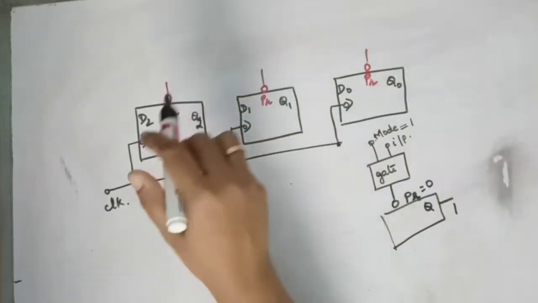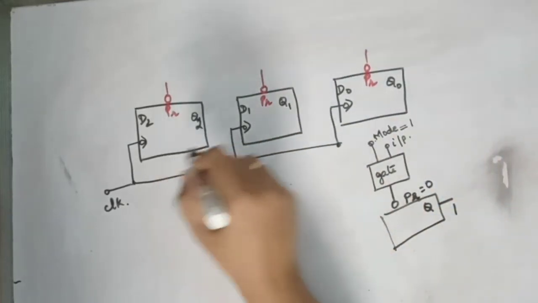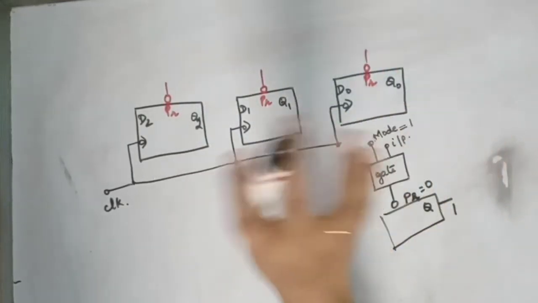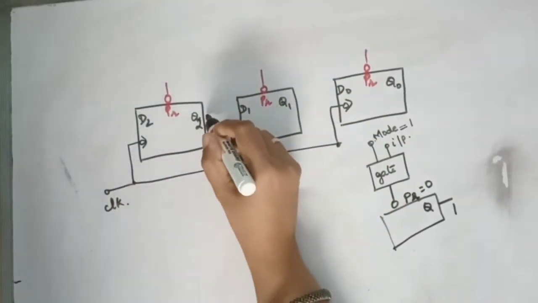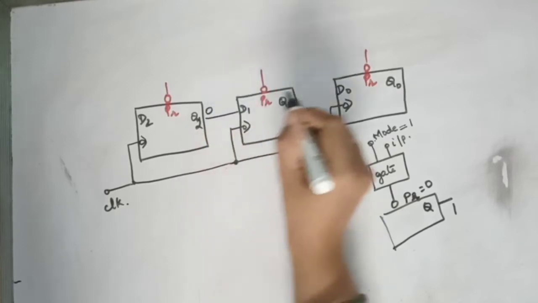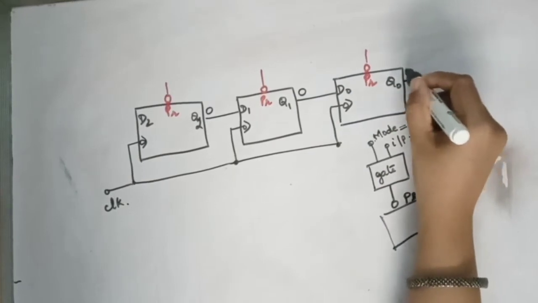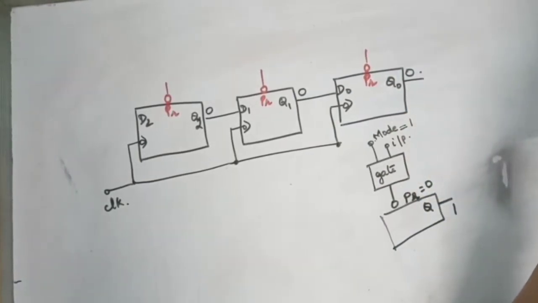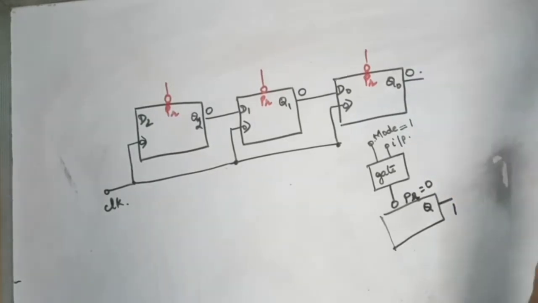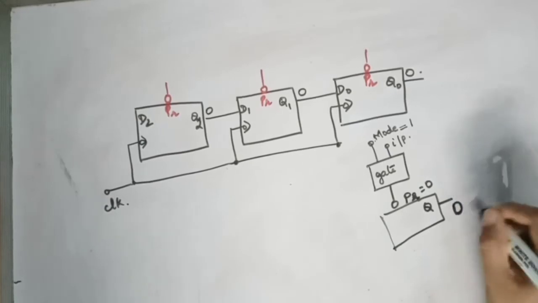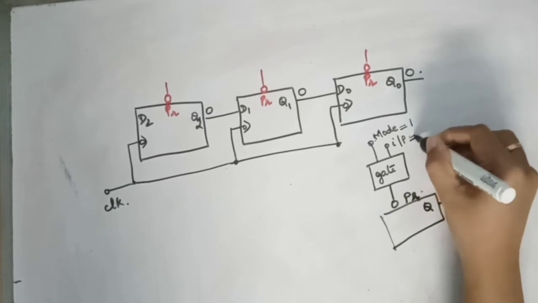Initially we'll be clearing all the flip-flops using the clear inputs, applying 0 to all of them. So initially Q2 is 0, Q1 is 0, and Q0 is also 0. Now you are going to apply the input, say 0.